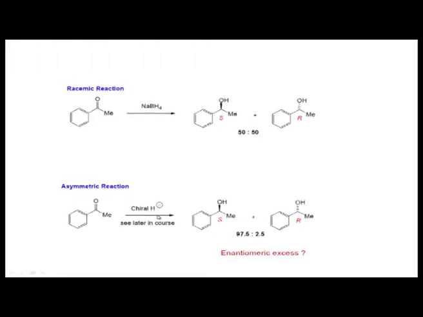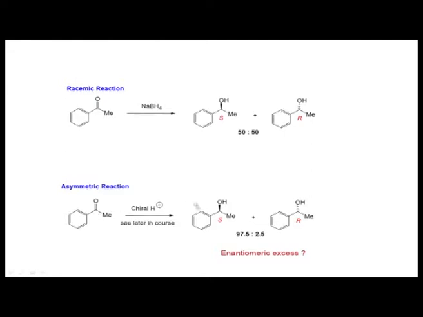So, if you use chiral boron reducing agents, then what happens? In the transition states, the boron is complexed to the carbonyl. So, that complex will immediately involve chirality, making the molecules chiral. And then when the hydrogen comes and produces a new chiral center, they are formed in unequal amounts.